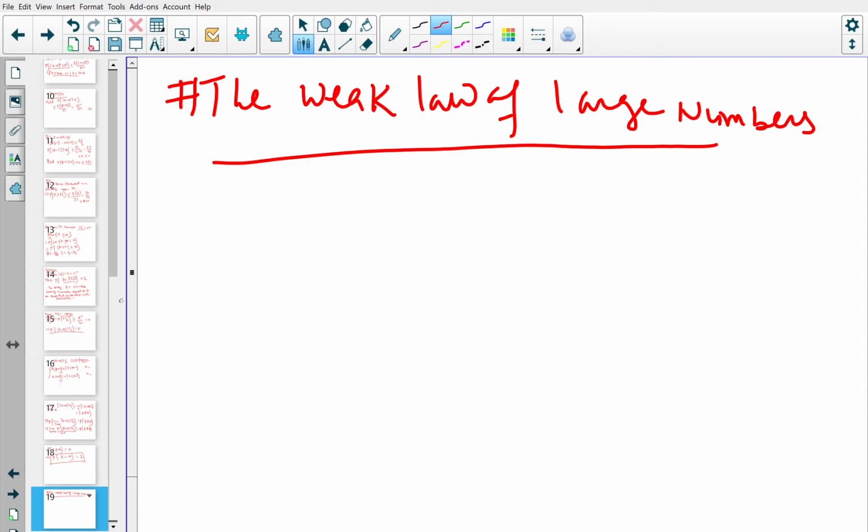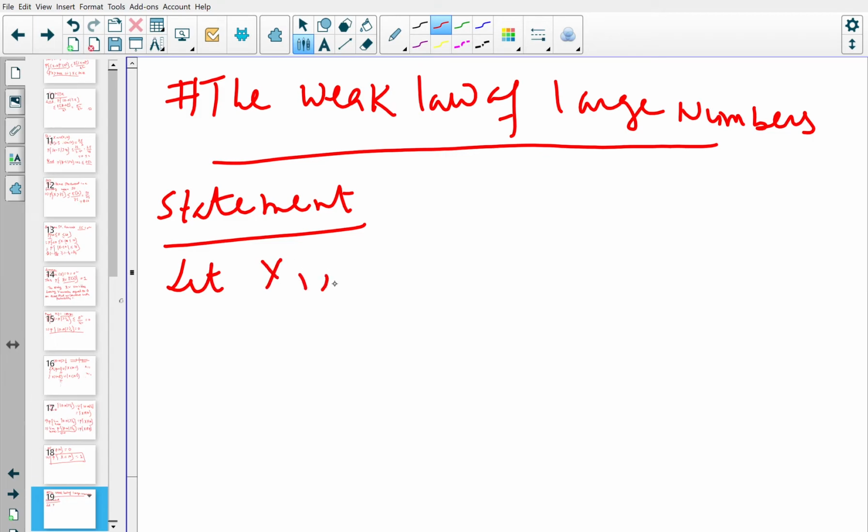Okay, so what is the statement of this theorem? We have IIDs x1, x2, and so on. What does IID mean?